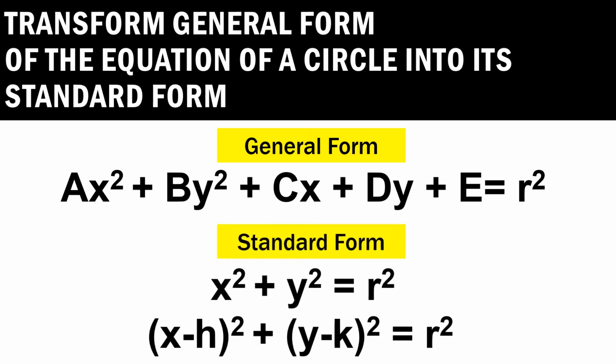Habang yung standard form naman niya would be x squared plus y squared is equal to r squared given na yung center ay nasa origin, at the quantity of x minus h squared plus the quantity of y minus k squared is equal to r squared given na yung center niya ay wala sa origin.